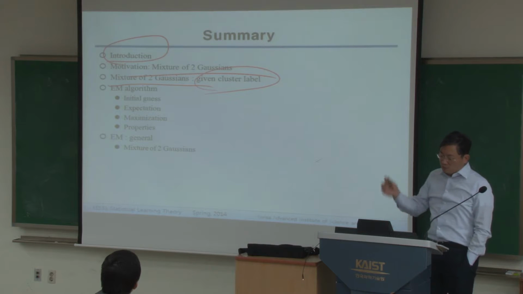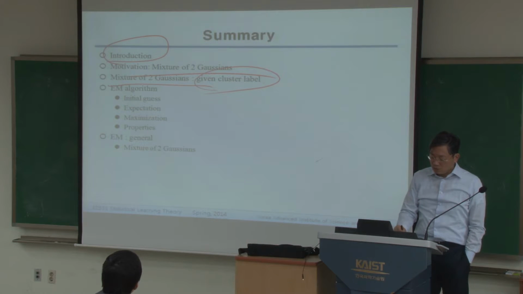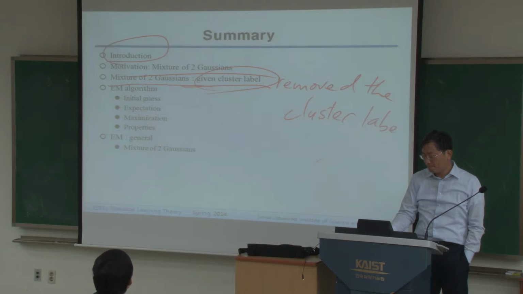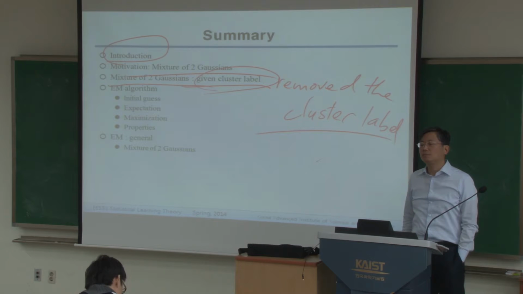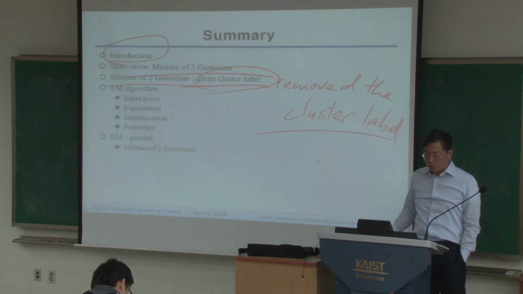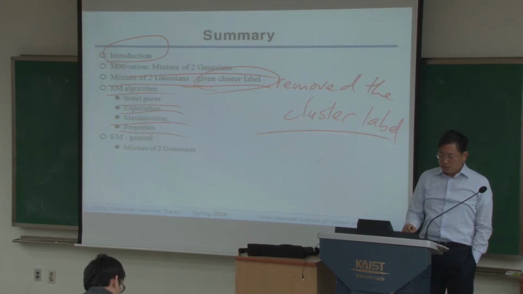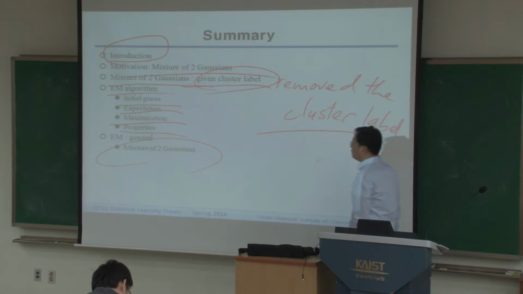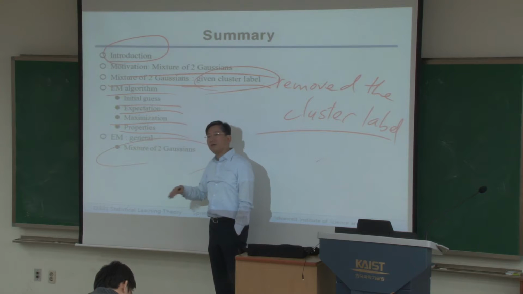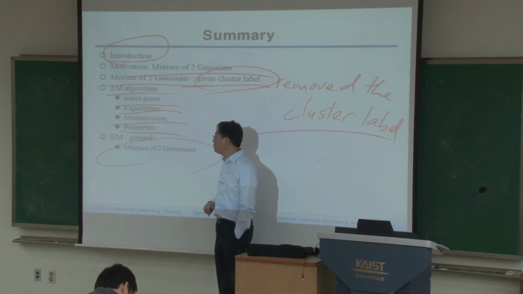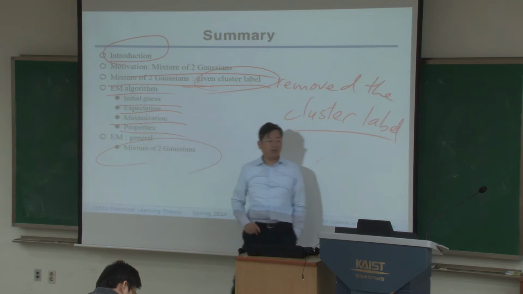And then we removed the cluster label to arrive at the general solution for EM. Initial guess, expectation, maximization, some properties, and there are some examples given to you at the back of the PowerPoint slide, and I also derived EM for you.